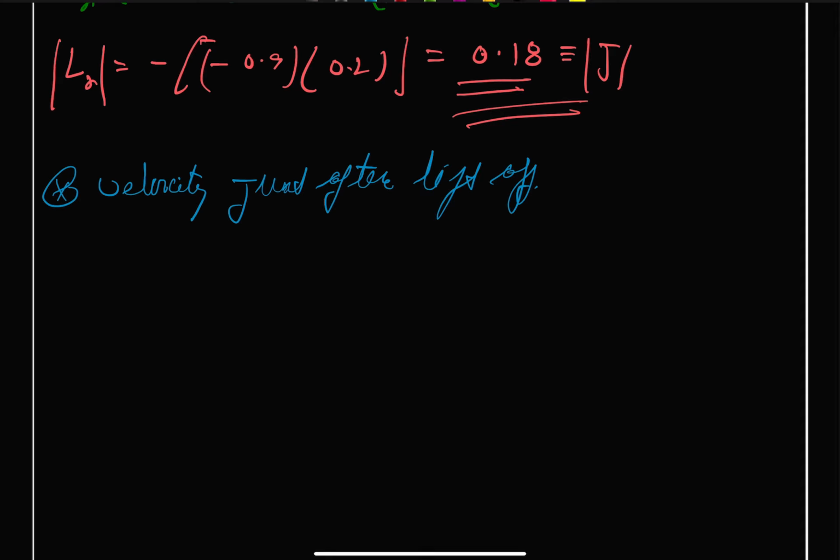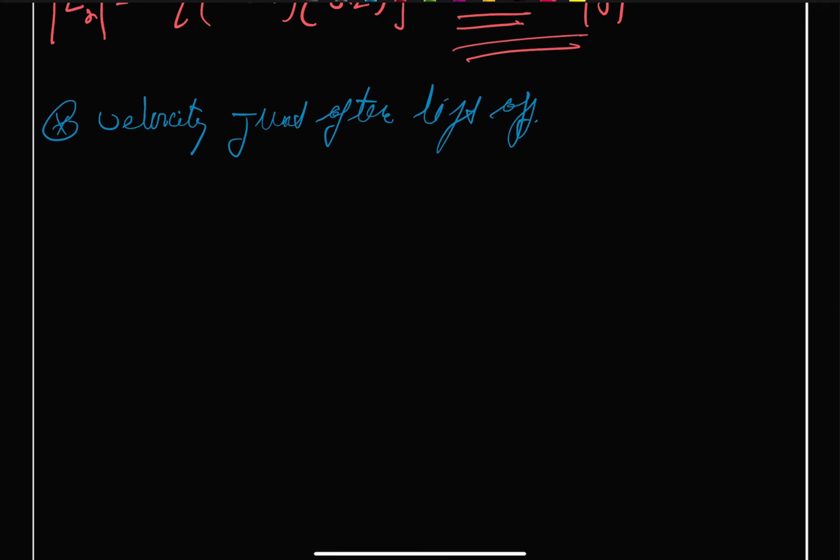Okay. And because of this, the velocity of the bob is going to change. Okay. But we know that our impulse is instantaneous, so we can use the angular momentum conservation. Okay. First of all, let's check about the velocity part.